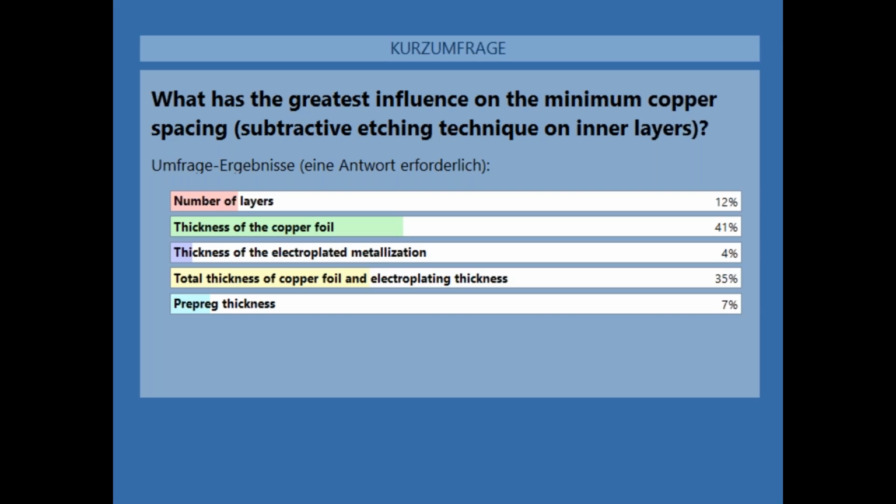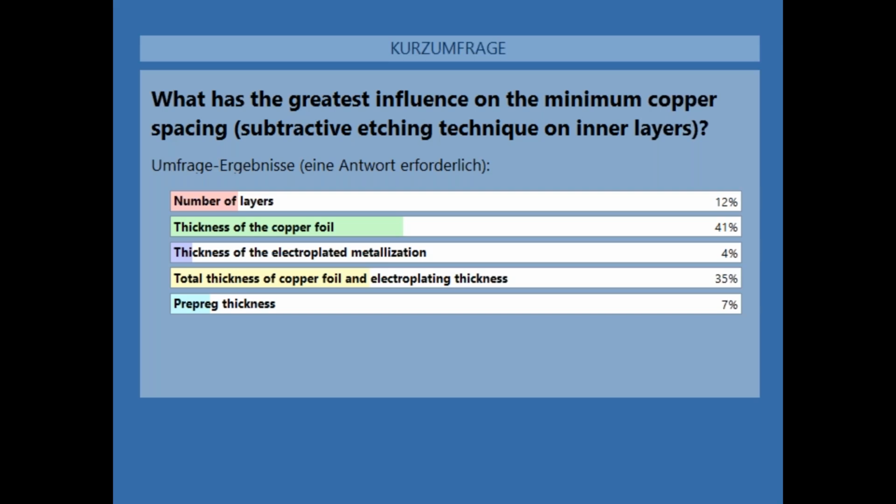12% gave the answer number of layers, 41% thickness of the copper foil, and luckily most of you have chosen this correct answer. It's just the thickness of the copper foil, as we don't have any metallization during the production of the inner layers. We just have the base copper foil, and this is decisive for the minimum copper spacing, and I will show you shortly why. 7% prepreg thickness is more or less quite vice versa.